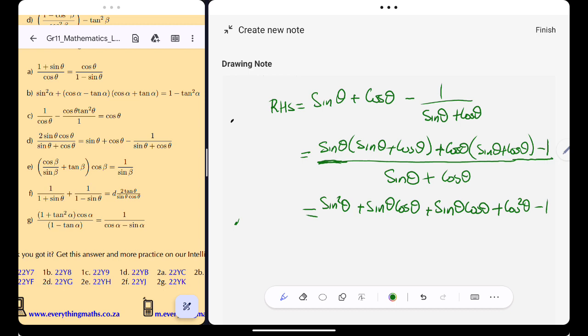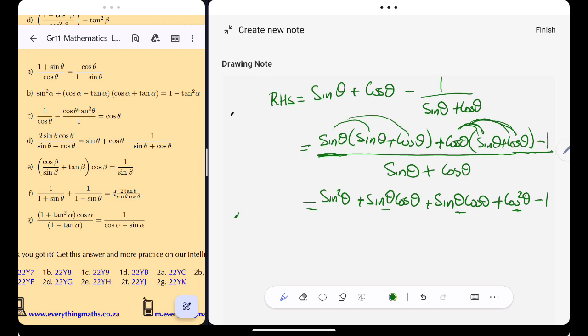Please note that, guys, for me to get sine squared theta, I multiplied this and this. For me to get this one, I said sine theta multiplied by cos theta. For me to get this one, I multiplied these two. For me to get that one, I multiplied cos theta and cos theta. This entire thing is divided by sine theta plus cos theta.